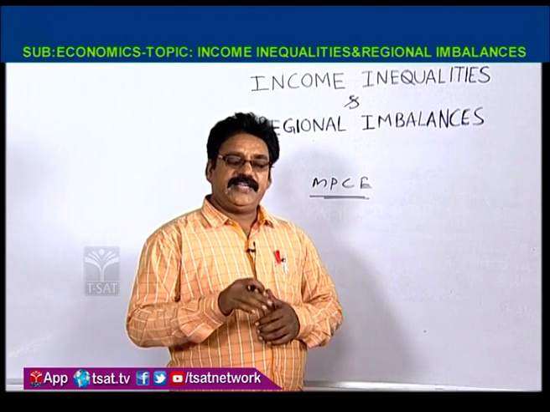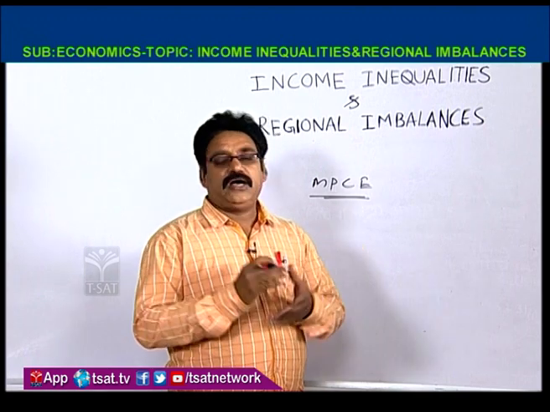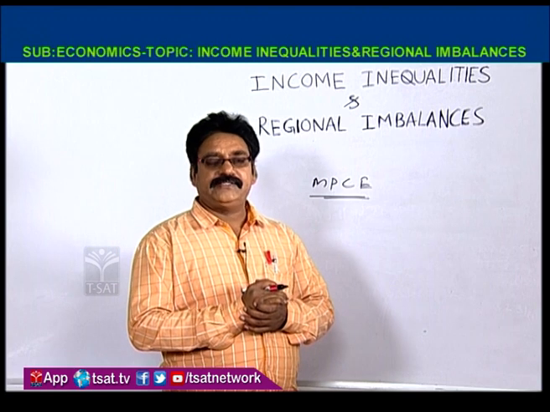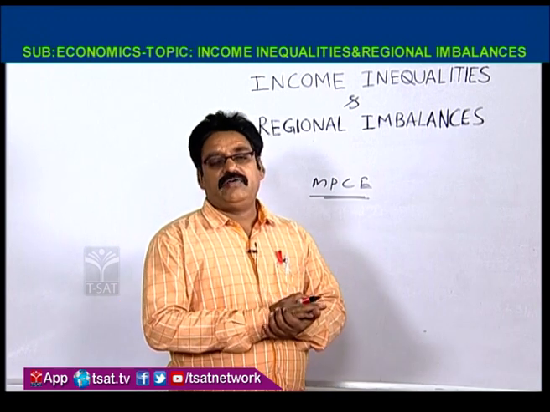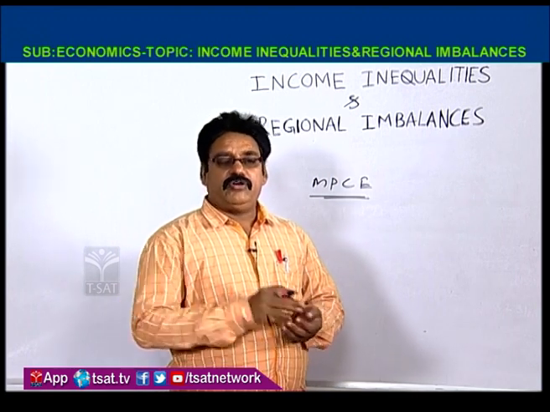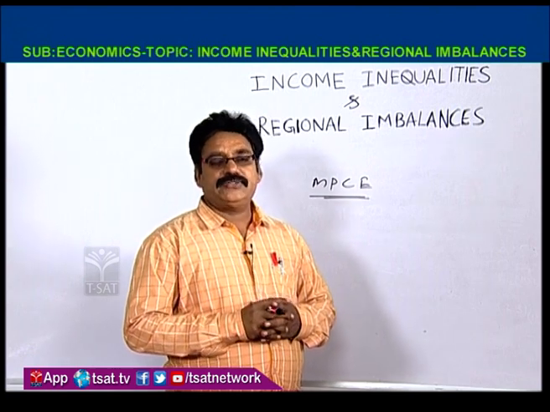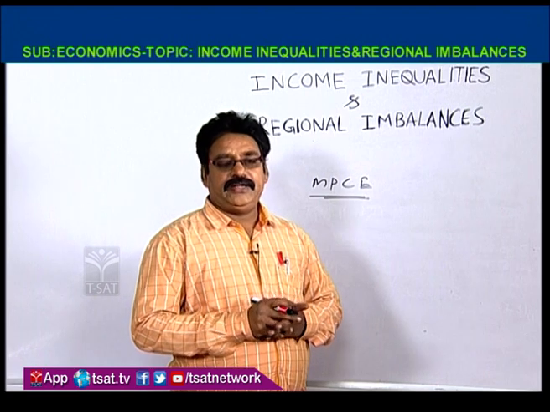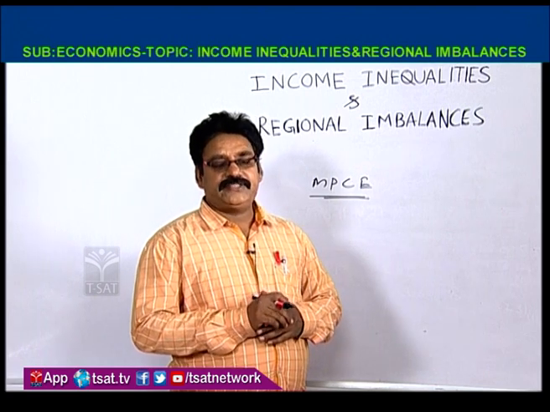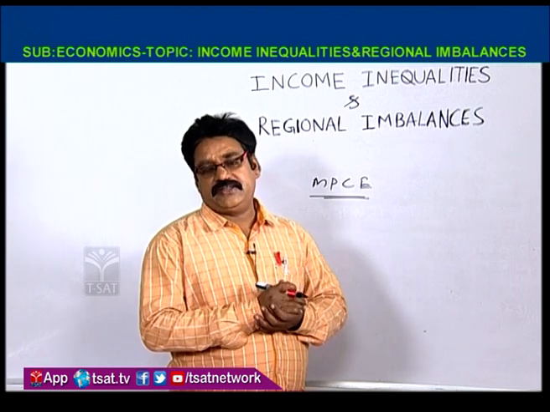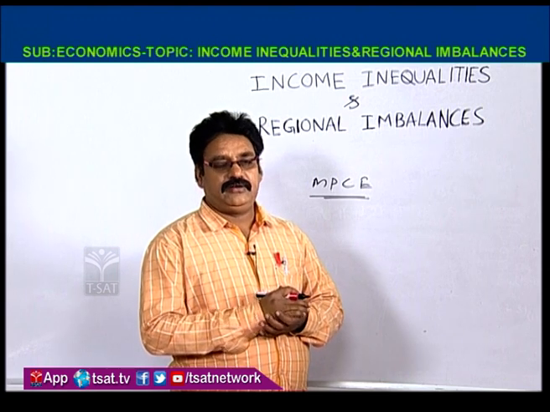At the same time, to attract industries from other countries and encourage our industrial people, the government is spending lots of money on the urban areas. That also leads to urban development and rural underdevelopment. This is one of the reasons for the rural urban divide.